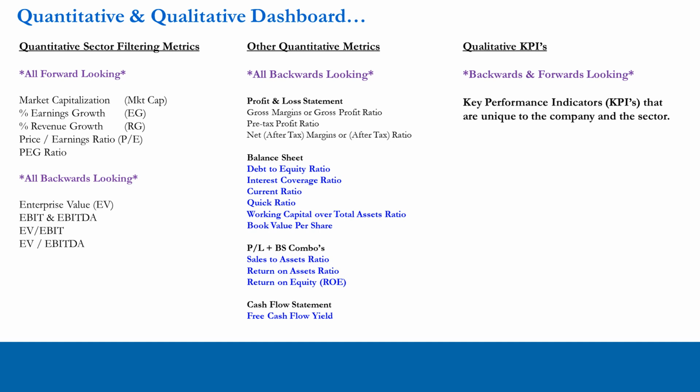We've checked our backwards looking metrics like enterprise value, EBIT and EBITDA, EV over EBIT and EV over EBITDA. We've checked those metrics to learn more about the stock and the sector and where stocks fit in relative to the overall sector. So we have a good understanding at this stage of how the landscape of the sector is set out.